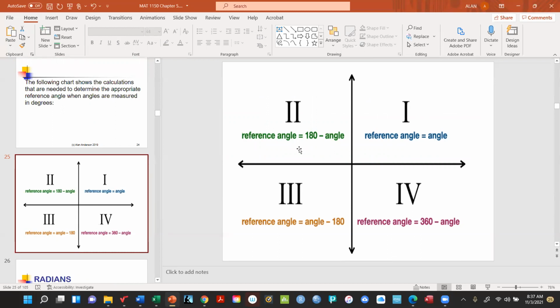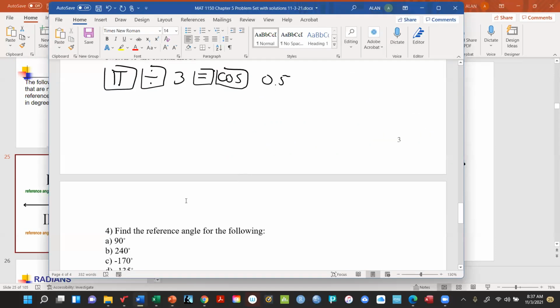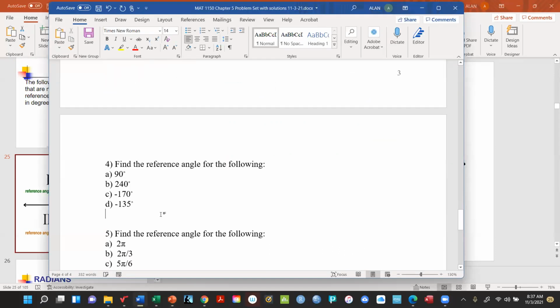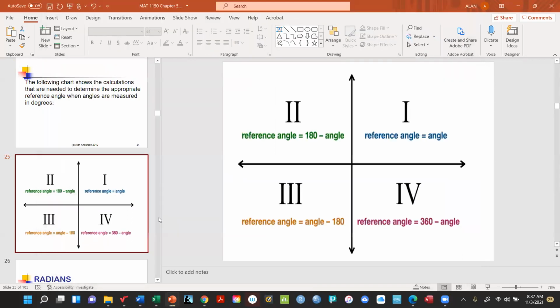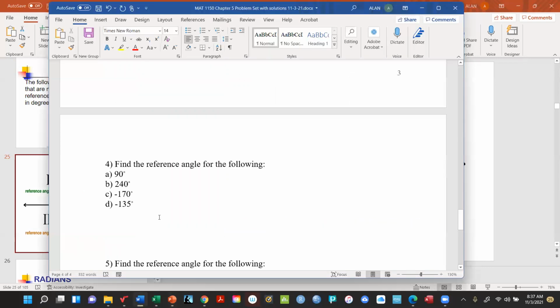So basically, what I'm going to do is just copy these in here. So remember, now the first quadrant covers the angles from 0 to 90. And when you're in the first quadrant, then the reference angle equals the actual angle that you have.